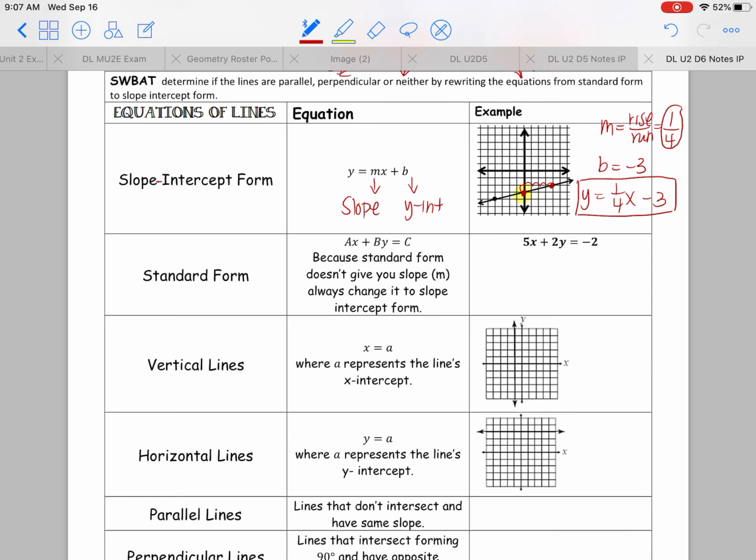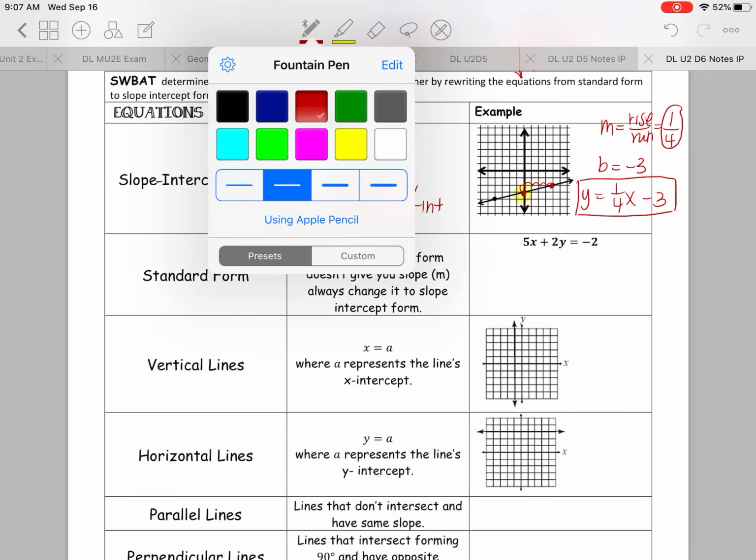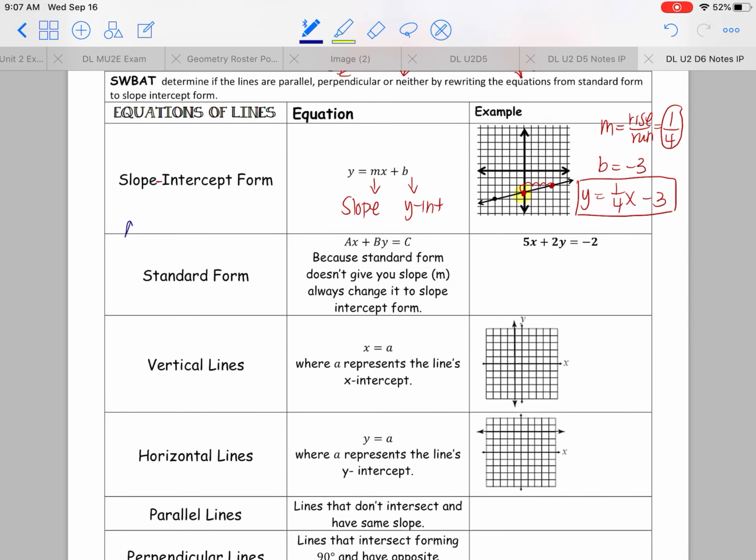The next thing that I'm going to be reviewing is the standard form, ax plus by equals c. Because standard form doesn't give you the slope, you always have to change it back to slope-intercept form so that you're able to identify the slope. And from there, whatever the question is asking you, determine if the lines are parallel, perpendicular, or neither. It's super important that you guys understand that A cannot be negative.